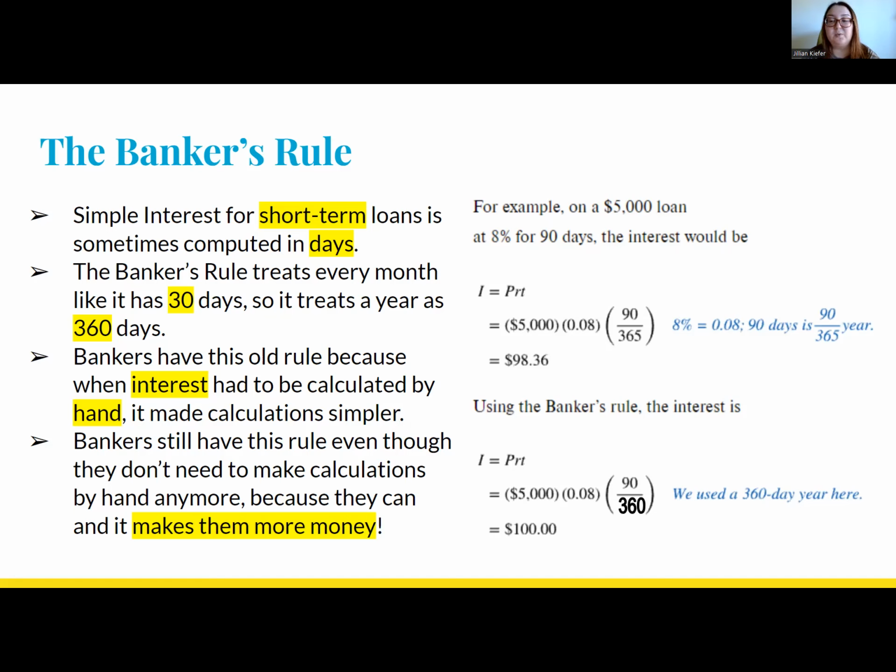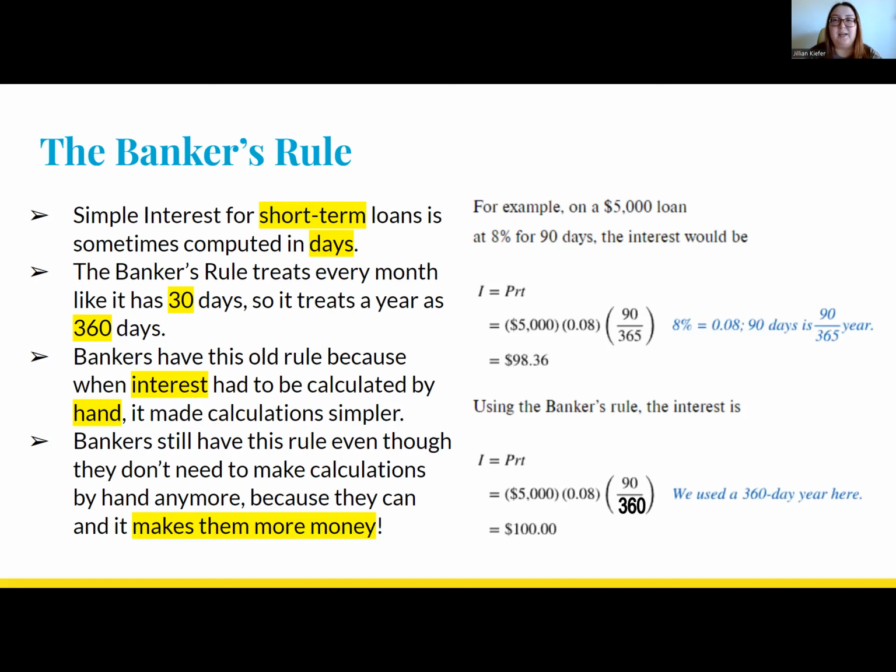But using the banker's rule, we see it does come out differently. 5,000 times 0.08 times 90 divided by 360. So changing it from 365 to 360. That comes out to $100 even. So we see in that case, you owed more.